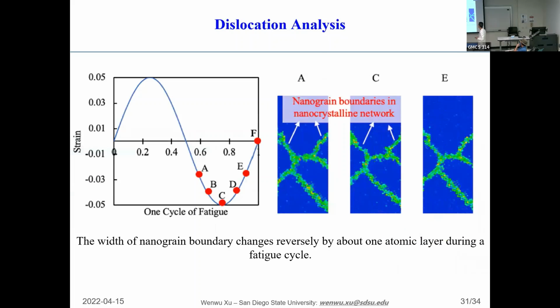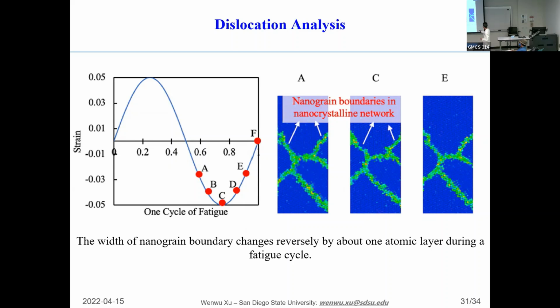So we then look into why the presence of this nanocrystalline network would reduce the accumulation of dislocations in the micrograins. And then we examine the grain boundary width in the nanocrystalline component of this bimodal microstructure.